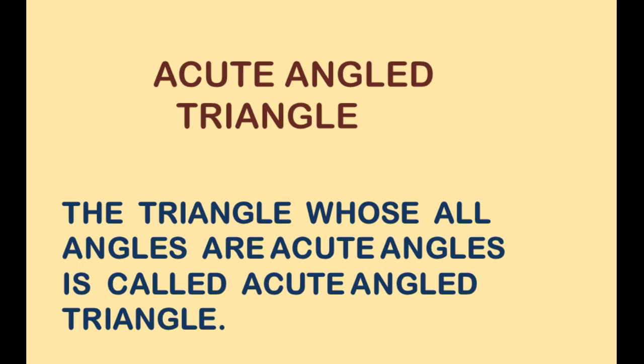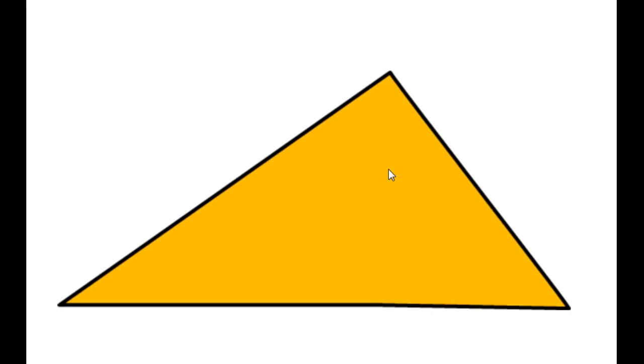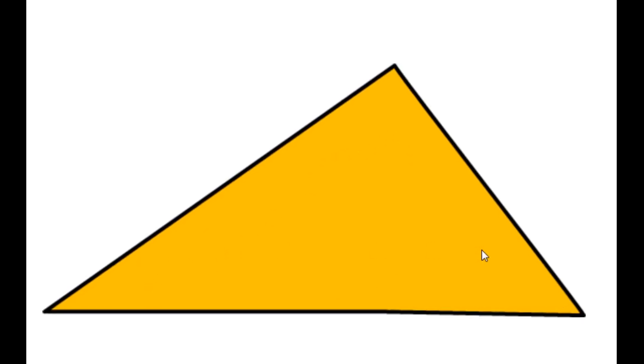So if in a triangle all the three angles are less than 90 degree, then such a triangle is called acute angled triangle. Okay, so now let's have a look. Here each angle is less than 90 degree. So this is an example of acute angled triangle.